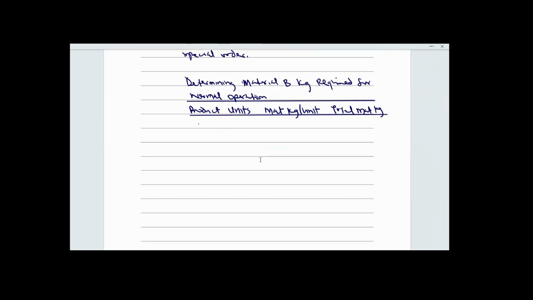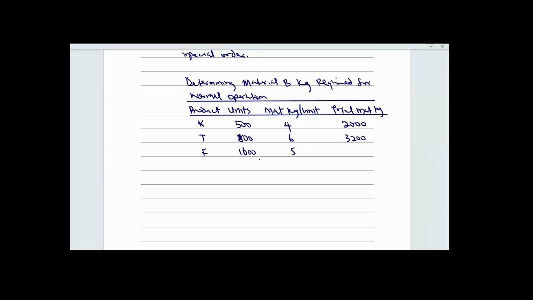So we have product K, T, F. We are producing 500 units under normal operation for K, 800 units for T, then 1600 for F. The material kilogram we have calculated before: the first one will be 2000 kilogram, 3000, 3200.